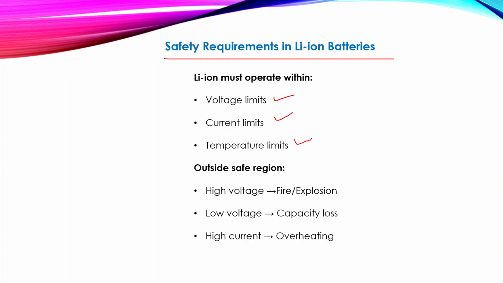If voltage exceeds the upper limit, it may cause fire or explosion. If voltage goes too low, it causes irreversible capacity loss. Excess current leads to overheating. So these lithium ion batteries require strict safety control.